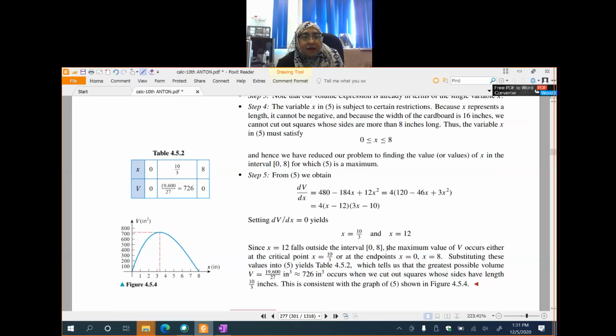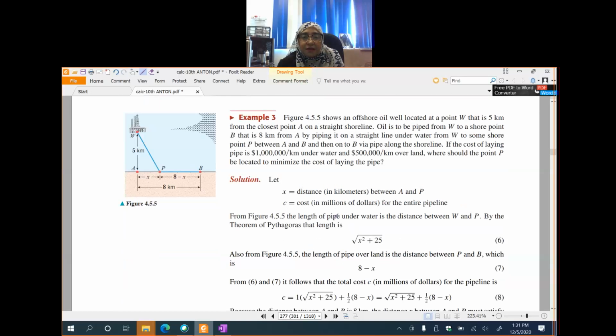The only critical point that we want to consider is x equal to 10 divided by 3. Then you can substitute this and get the answer. At x equal to 10/3, the V will be 7 to 6. That is your maximum volume.